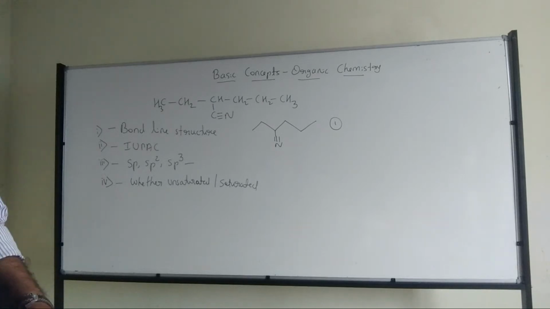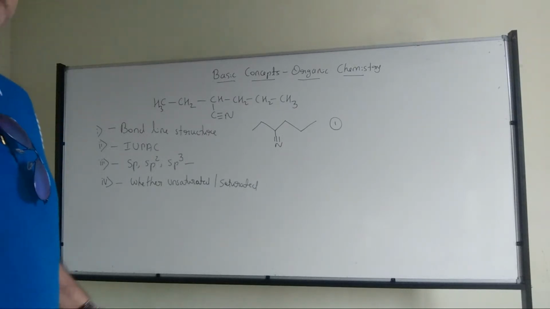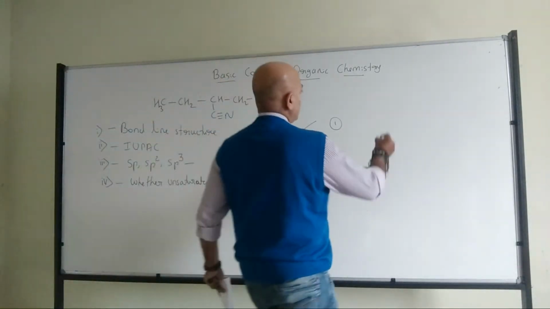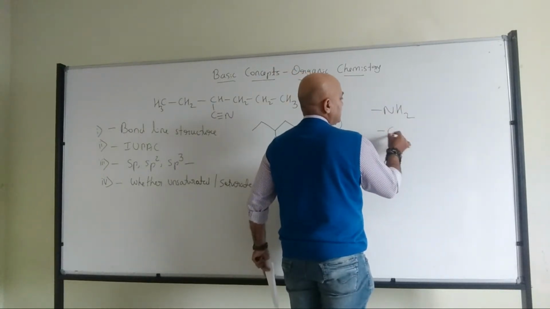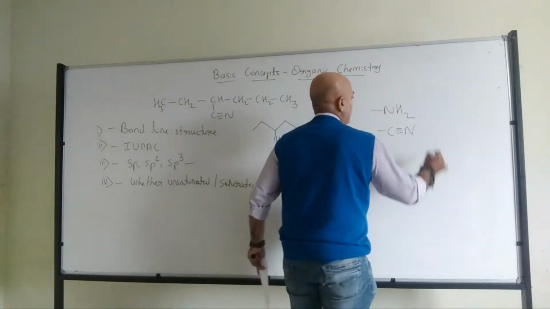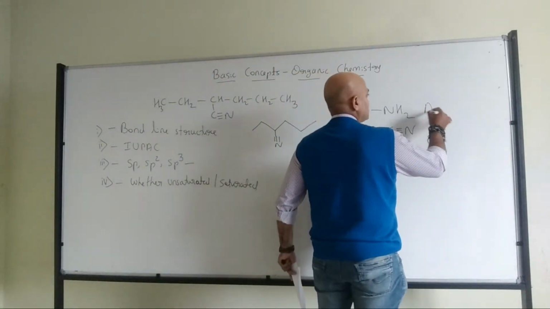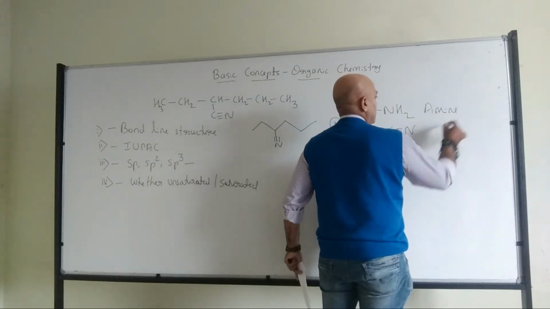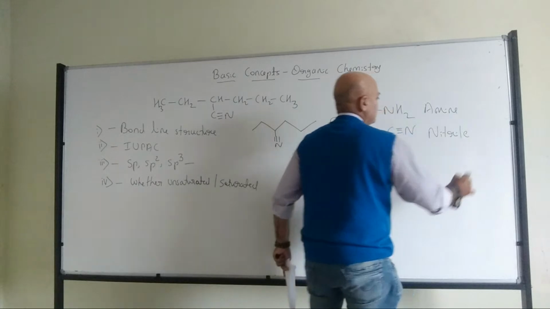3-amine hexene? No. How come it will be 3-amine? CN is not an amine group. Amine group means NH2, Rohan. But here it is C triple bond N. So this is not an amine, this will be nitrile.